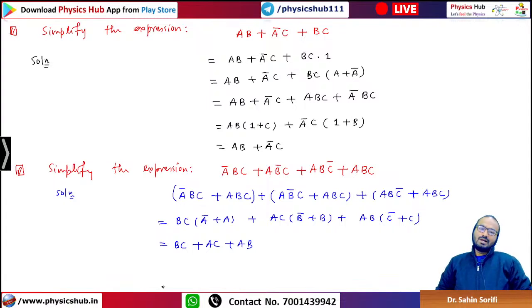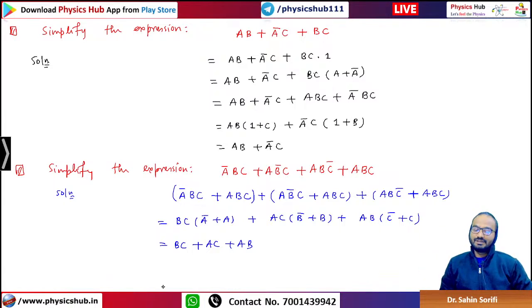Look, AND, OR and NOT are fundamental gates. Now there are some logic gates which are known as universal building blocks or universal logic gates. NAND and NOR, these two gates are called universal gates. Why are they called universal gates? Because by the repeated application of these gates you can build any Boolean expression.